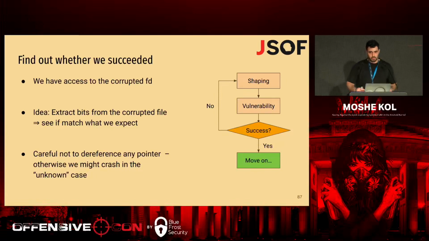So this rules out trivial methods like opening the proc fdinfo file. We need to do this indirectly. For example, we have a method to know whether the fdget function succeeds on this struct file. So we have such an oracle and we know whether we succeeded or not. If we succeeded, we just move on to the rest of the exploit, and if not, then we try again, do the shaping, do the vulnerability, etc.